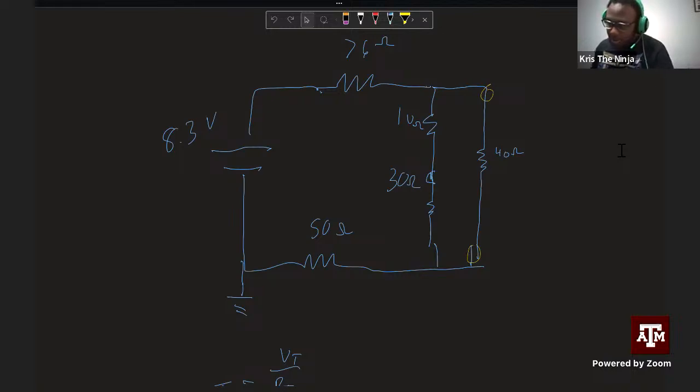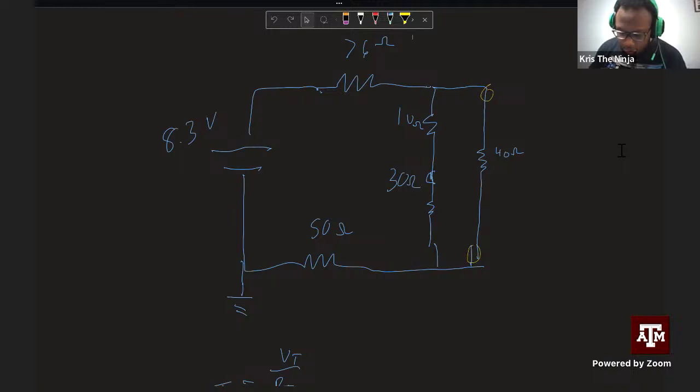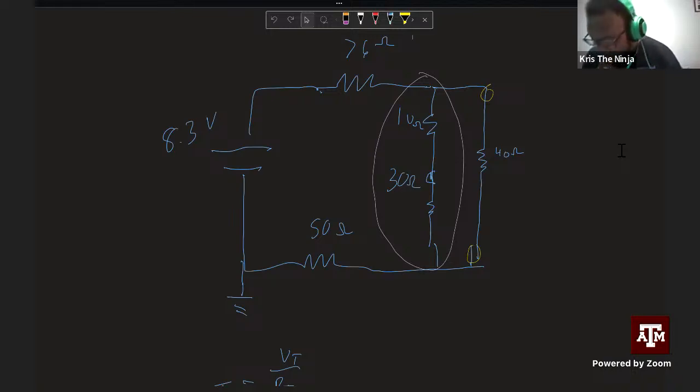We got this. So the first thing you can do is notice you have a series circuit. Let me do this in a different color because you know I love my colors. If you notice here, this is a series circuit. So we can do 10 plus 30.